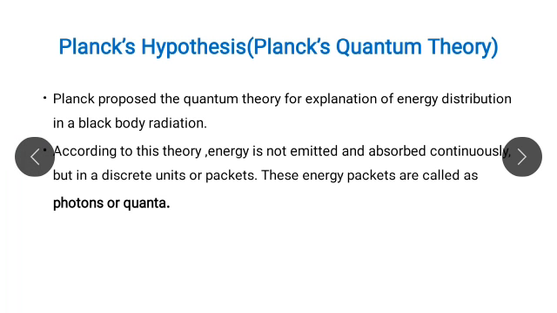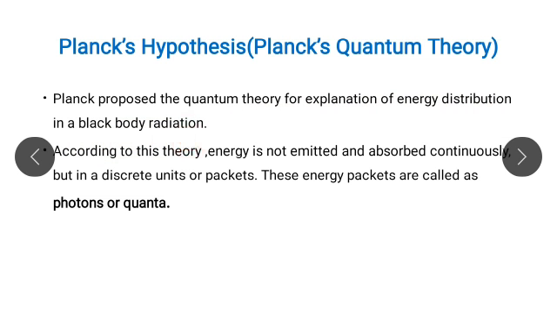Then what is Planck's hypothesis? This Planck's hypothesis is also known as Planck's quantum theory. Here the scientist Planck proposed the quantum theory for explanation of energy distribution in black body radiation.